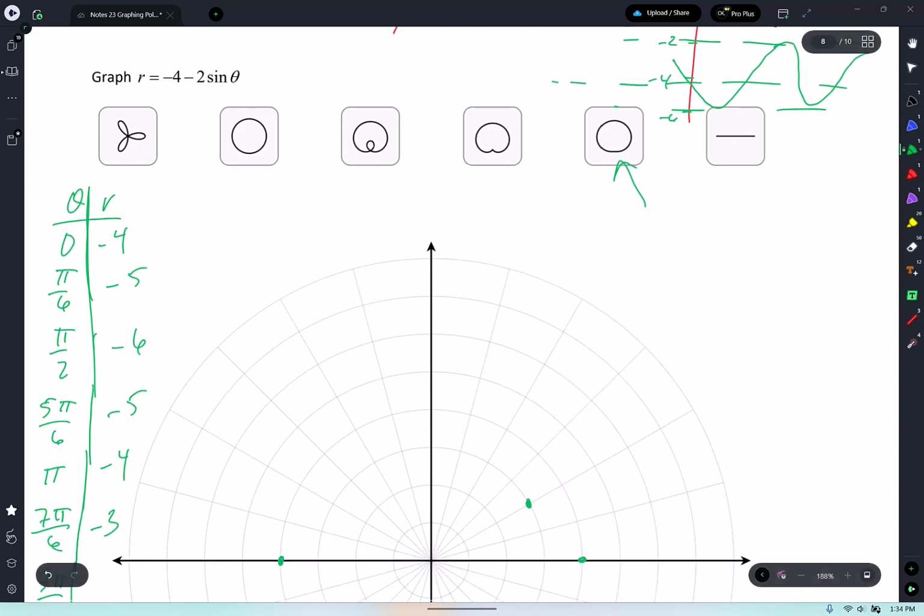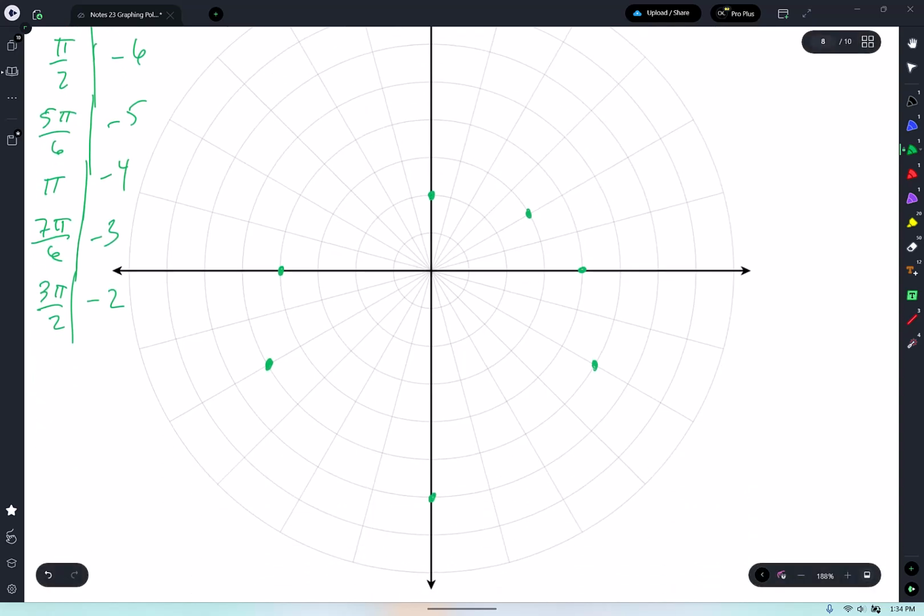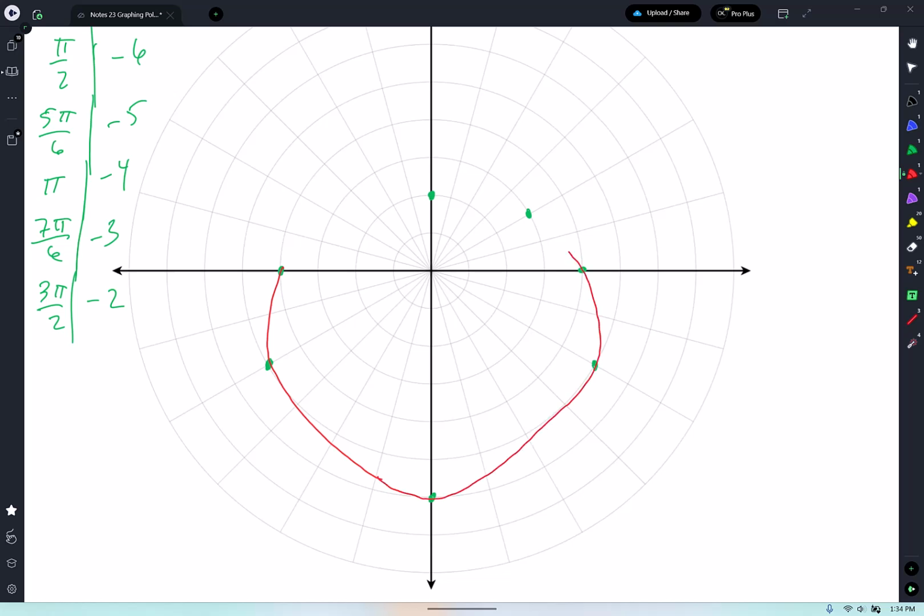Negative 4 plus 2, negative 2. So 1, 2. Point. So it's going to look something like this. Let's see if I have enough. I didn't draw very well, but I was trying to be fast, and there it is.